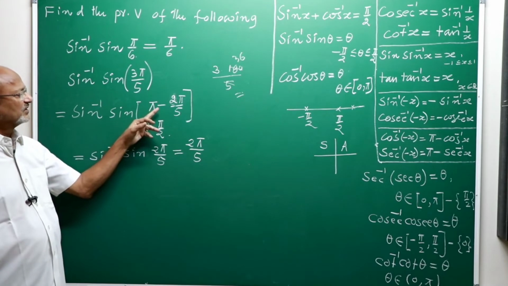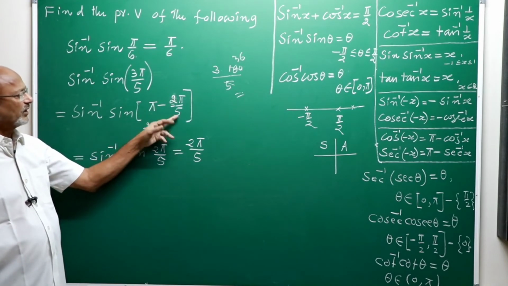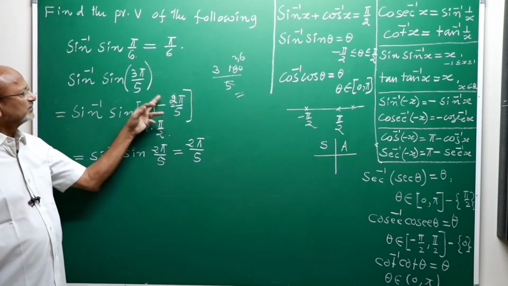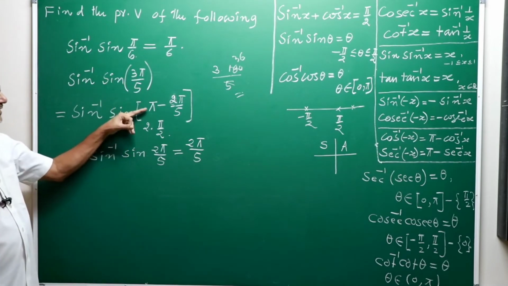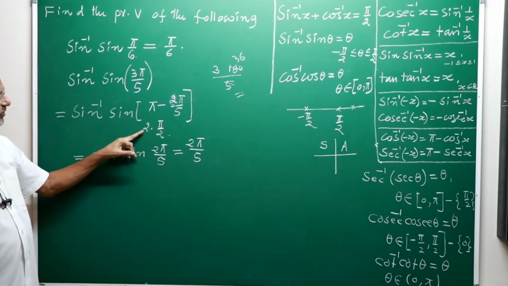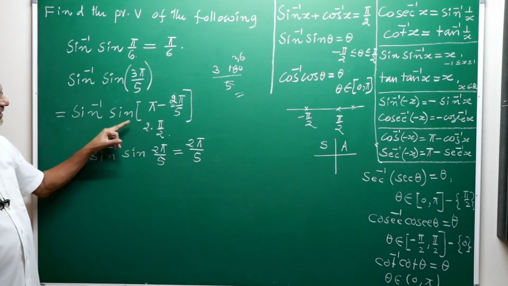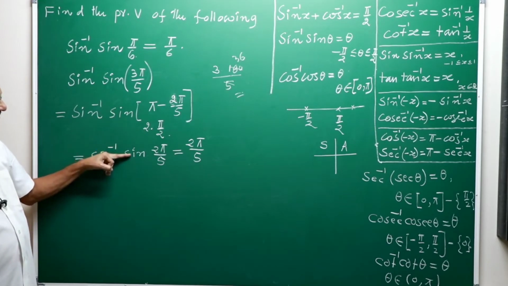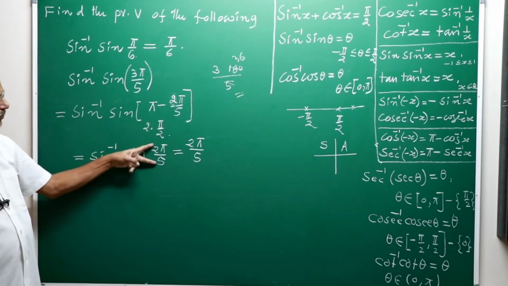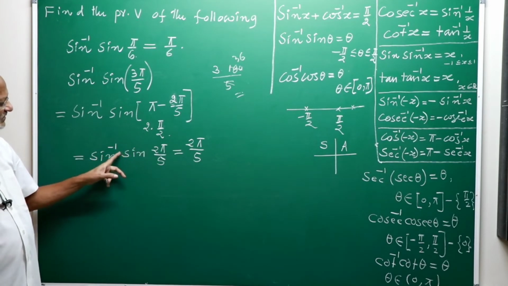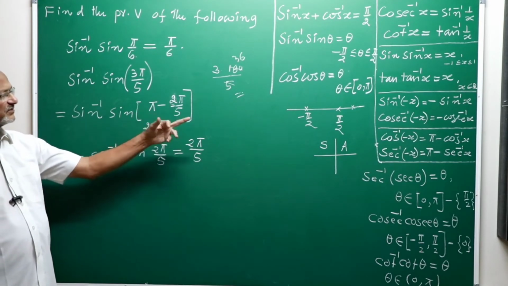This can be written as pi minus 2 pi by 5. 5 minus 2 is 3. Yes, my friend. What is pi? 2 into pi by 2. What is the multiple? 2. Even. Even means sine remains as it is, of the angle 2 pi by 5. What about the sign here? It is an angle in the second quadrant.